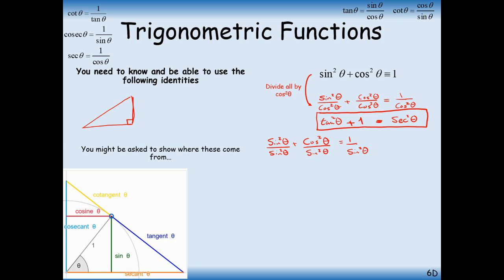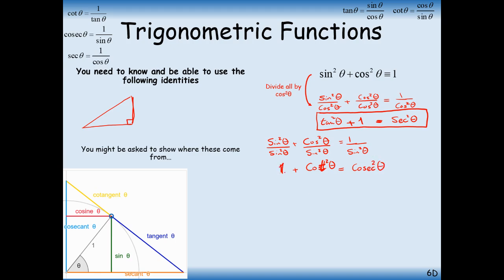Can you tell me what it is? If you'd like, pause the video and have a go at it. Yes, we'll have 1 here, we'll have cotan, sorry, that's cotan square here of theta, and on the right side we'll have cosecant square of theta.